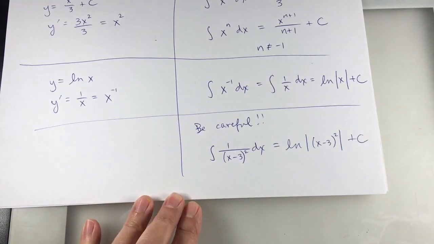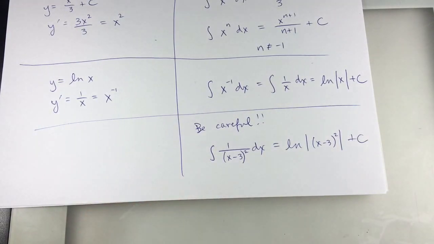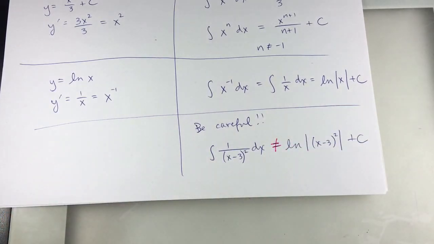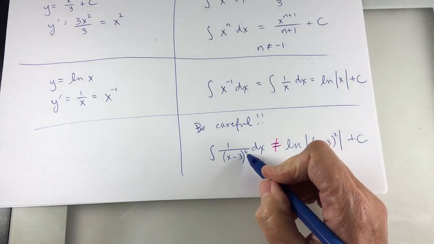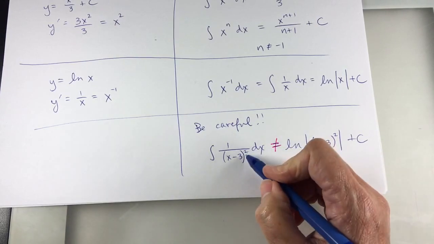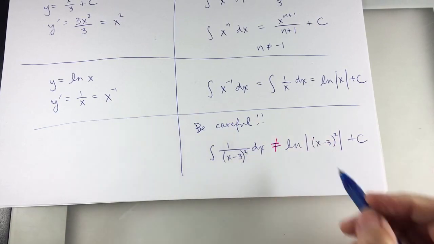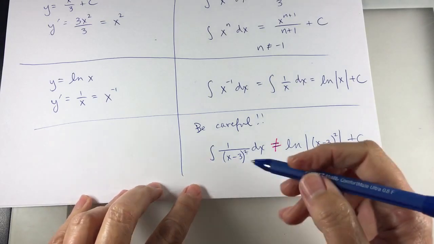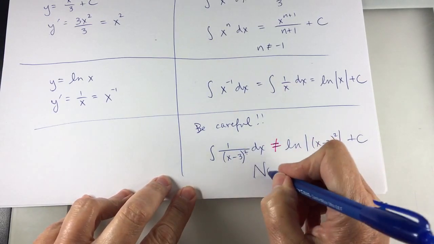We see that a lot. And I want to say this is not true. That's not the integral. Problem here, look at this exponent. It's a 2. This is only when it's a 1 in the bottom, or if I wrote x minus 3 raised to the negative 1. That's the only time you use natural log. This is not correct.